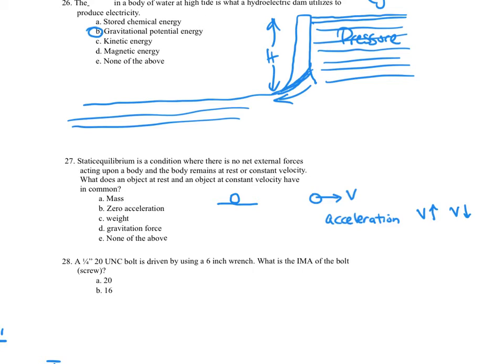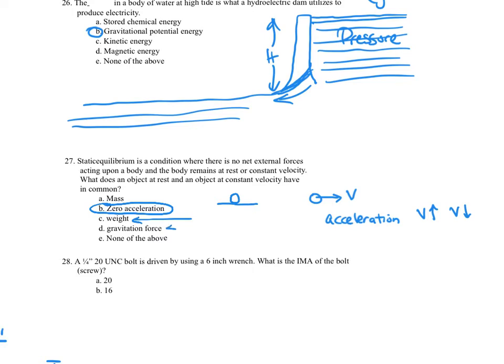But it's definitely not constant. So for this question, zero acceleration is the appropriate answer for an object that's either at rest or at constant velocity. Okay, they may not have the same weight because they could be two different objects.